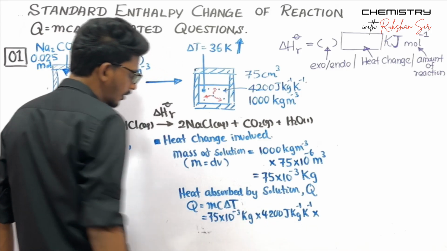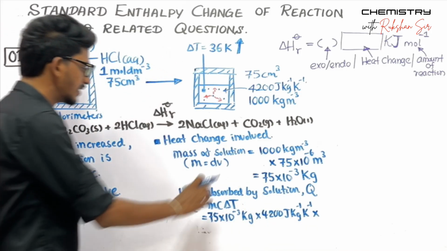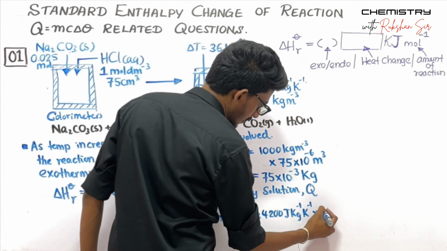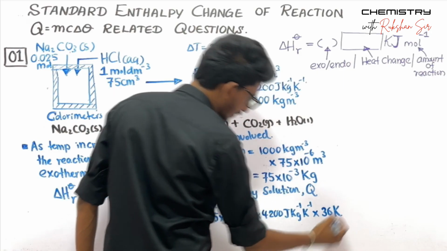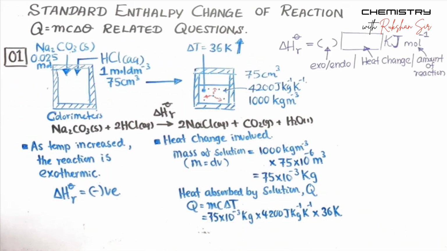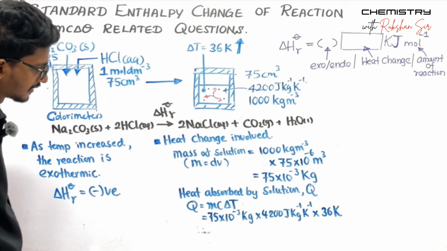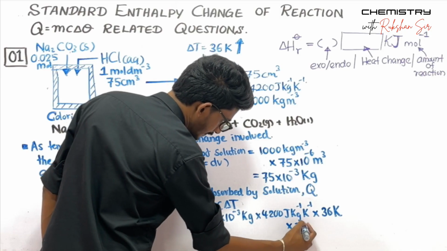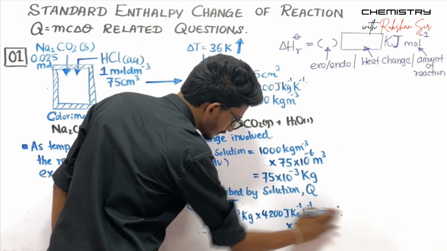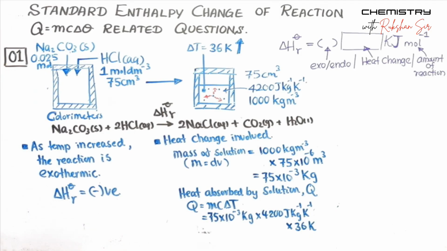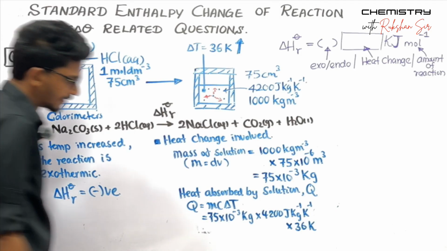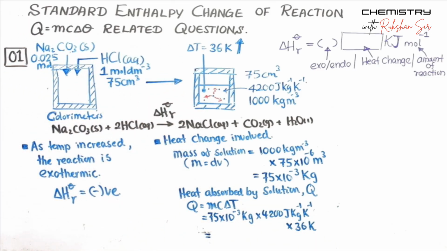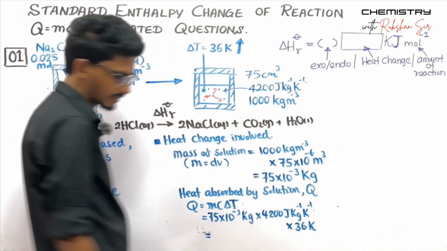In Kelvin or in Celsius, the temperature change is same. So it's 36 Kelvin, the change. So with that, we can come up with the, so I'll write it here. So this will give you the heat absorbed by the solution.